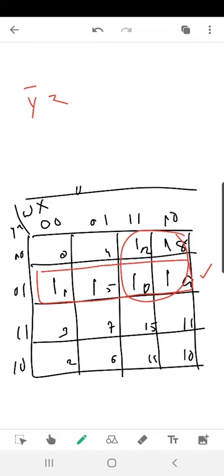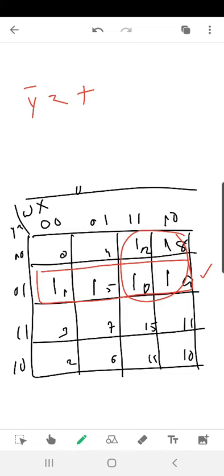And when we talk about the column, the value of w and x is not the same for all the 4 cells. So this means that nothing will come from the column, and 01 will come from the row, which will be represented by y bar z.